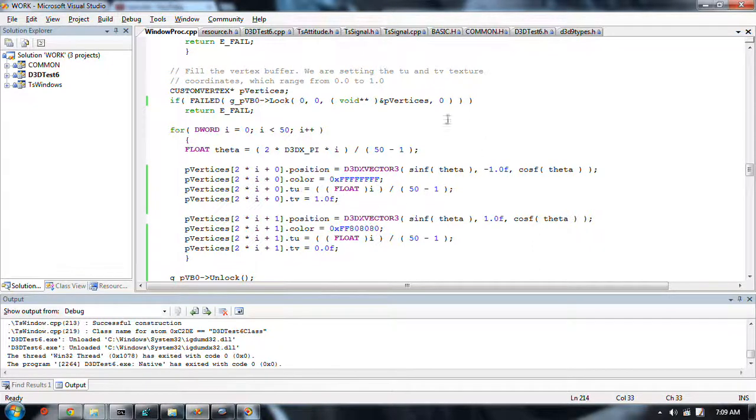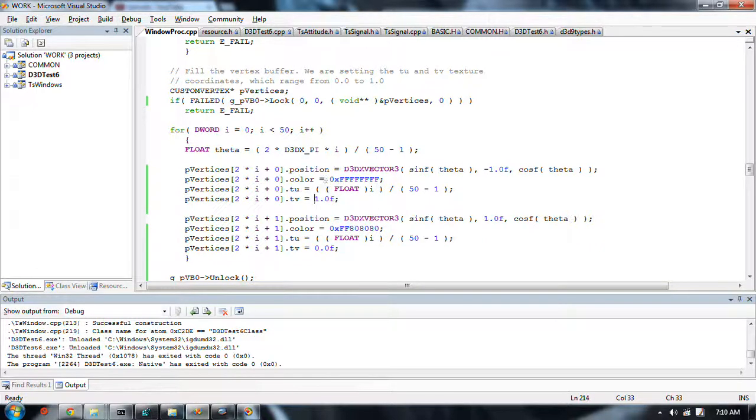But as you go through the entire circle, it goes from 0 up to 1. Float I goes up to 49, and 49 over 49 is 1. So at the end, this is 1, 1, and this is 1, 0. And that maps for each of these vertices a corresponding position in the texture.